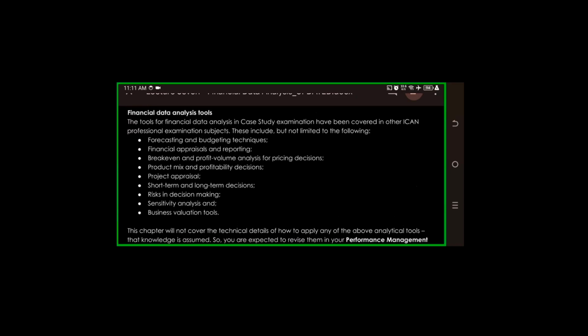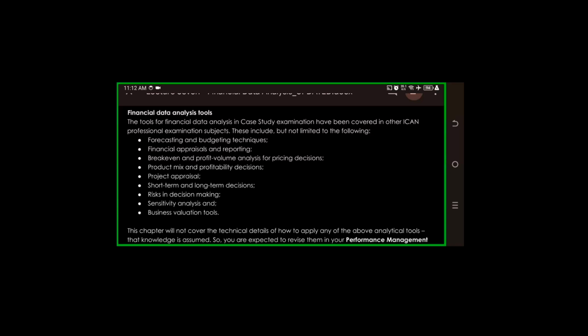You may also need to do some kind of financial appraisal to appraise a project, or to look at a contract and look at the financial aspect of the contract. Then you may need to compute break-even and profit volume analysis for pricing decisions. Then you may need to do profitability mix or profitability decisions.